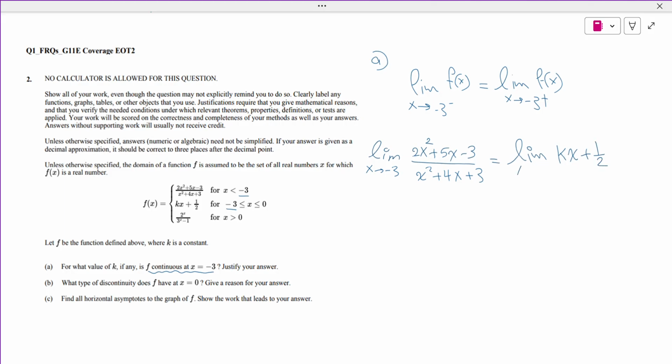This is when x approaches minus 3 from the right side.